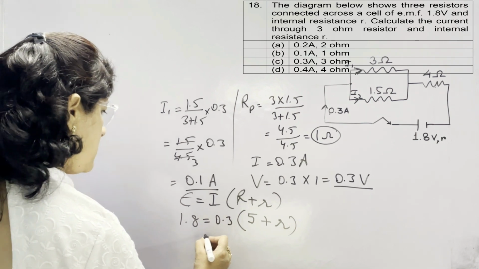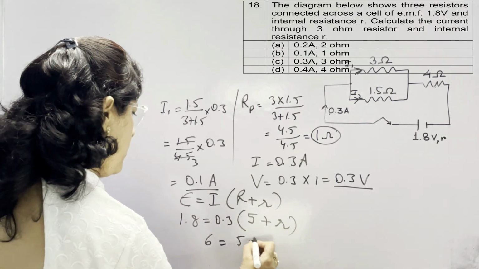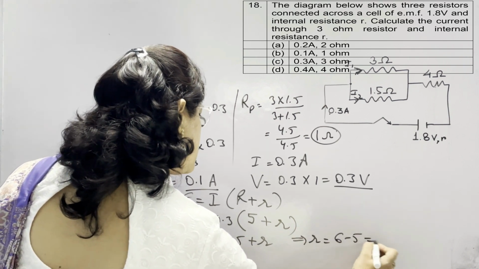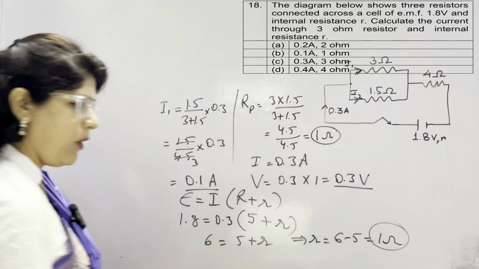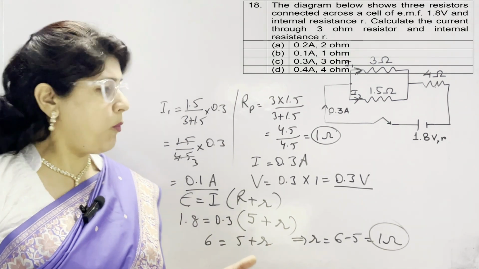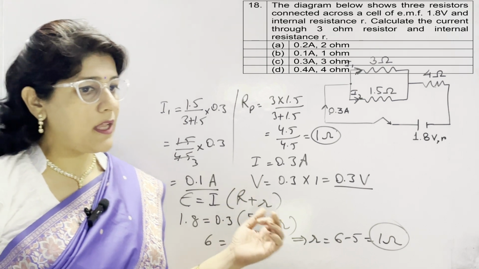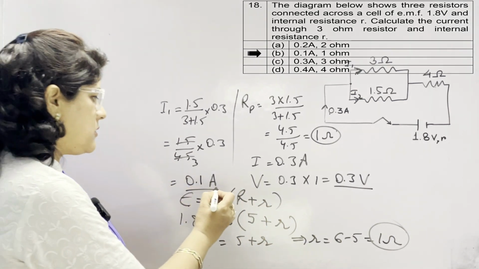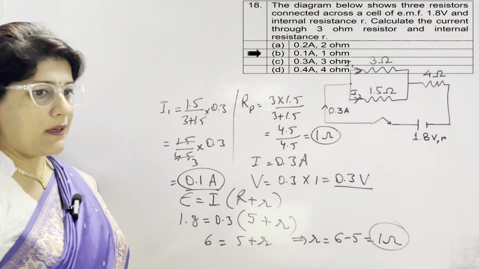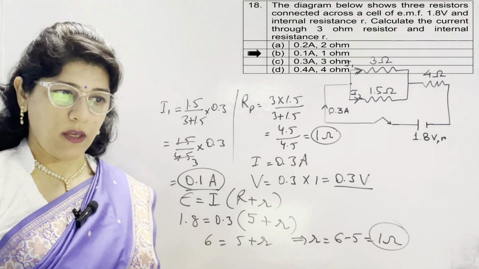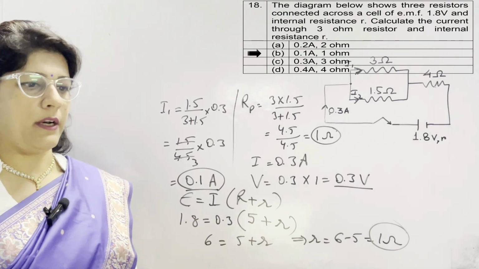Now dividing, 6 is equal to 5 plus r. It means r is equal to 6 minus 5. 1 ohm is the value of internal resistance. Now given options are A is 0.2 ampere and then 2 ohm, and B is 0.1 ampere. Our answer is 0.1 ampere. And then internal resistance is equal to 1 ohm. So correct option is B. C and D options are incorrect.